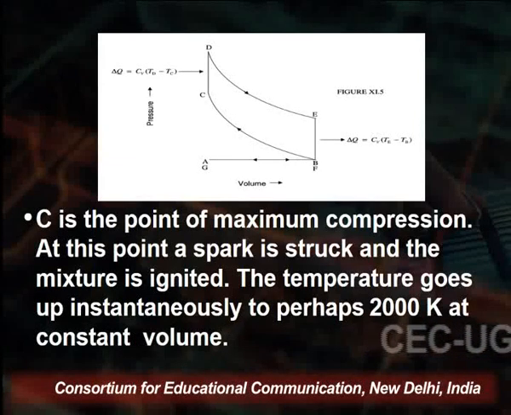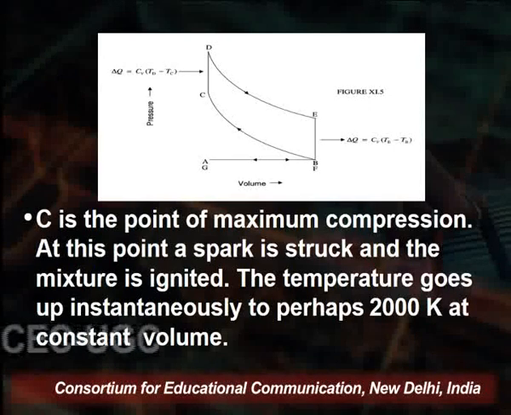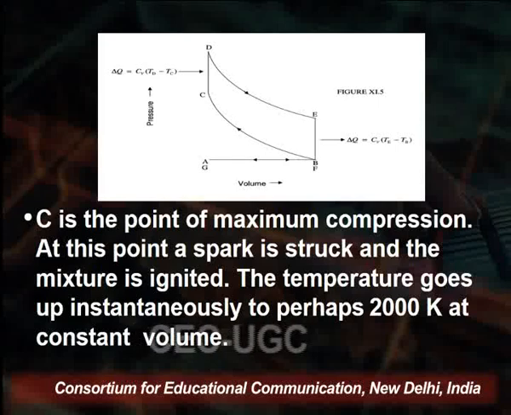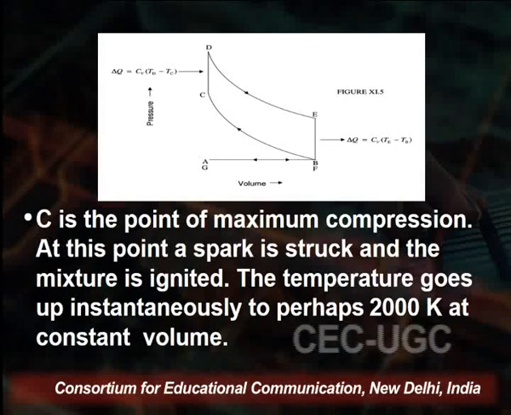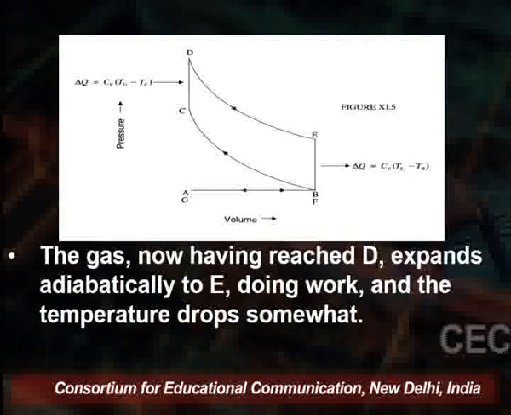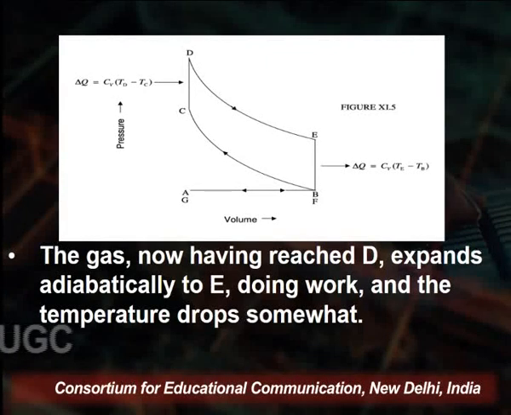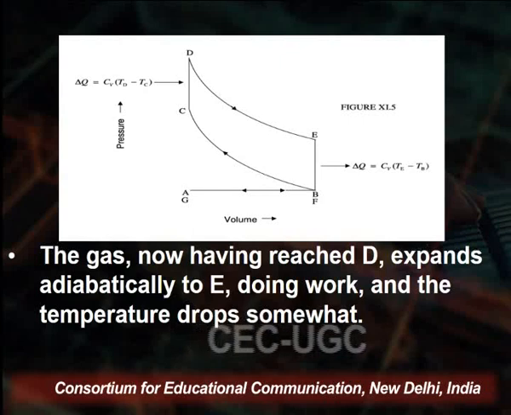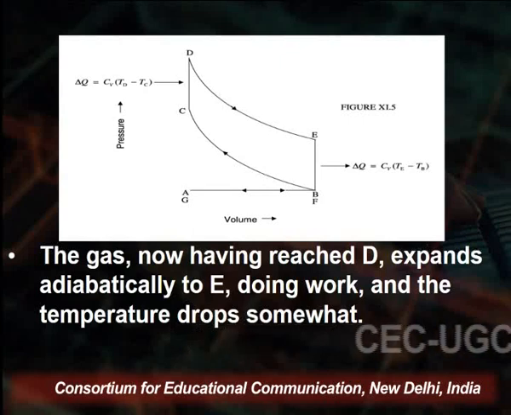The mixture is ignited and the temperature of the gas suddenly, instantaneously shoots up to perhaps 2000 kelvin at constant volume. The gas, now having reached D, expands adiabatically to E, doing work, and the temperature drops somewhat.